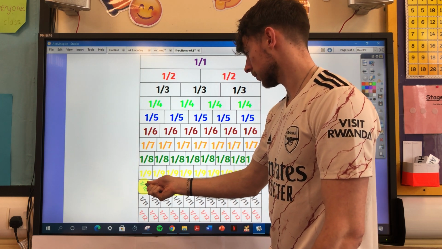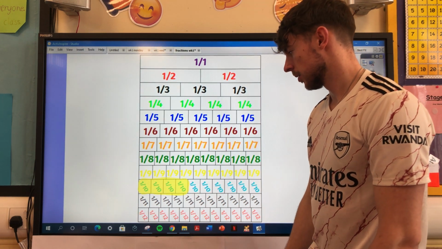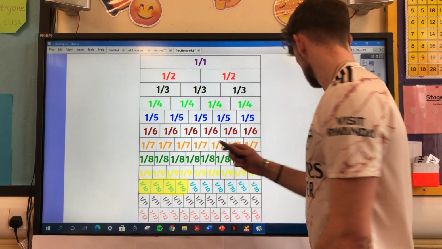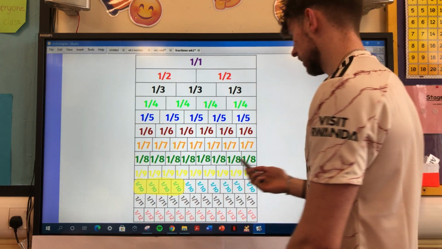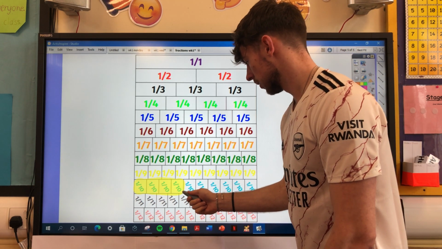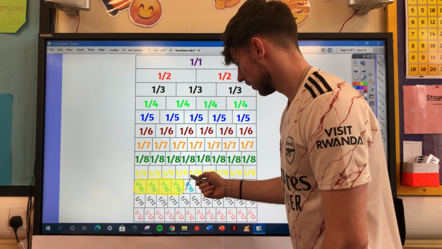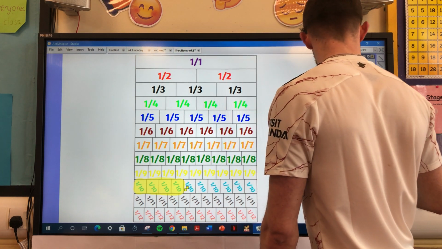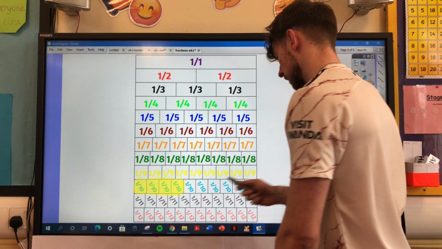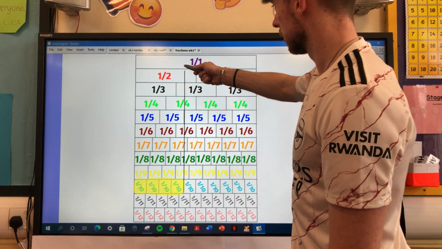Okay. What equals 4 over 10? So what fractions are equal? If we go up along here, is there any fraction that's equal to 4 over 10? So I'll bring it straight up.